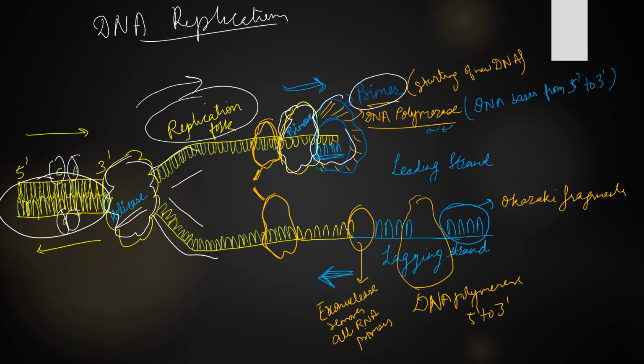Once the primer is formed, an enzyme called DNA polymerase binds to the primer and makes a new strand of DNA. One point you need to remember is that DNA polymerase can add DNA bases in one direction only, from the 5' end to the 3' end.